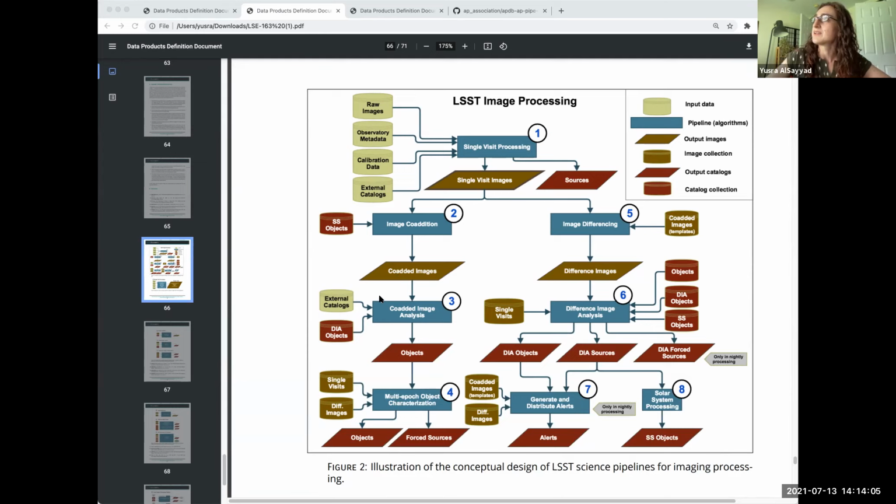Whether there will be a catalog with the suite of measurements on the templates versus the coadds for measurement, I believe so, and that would come out of the DIA analysis section, so number 3.